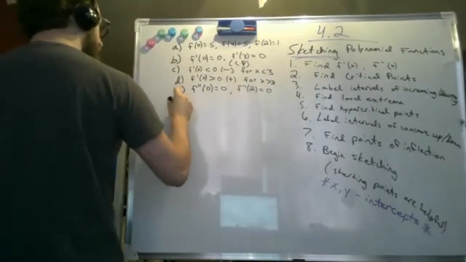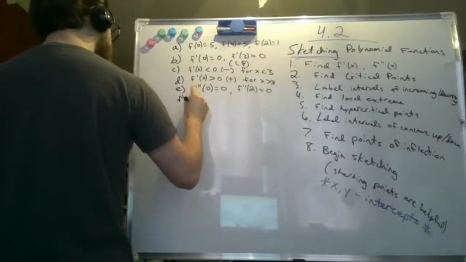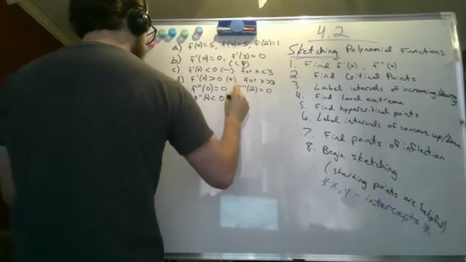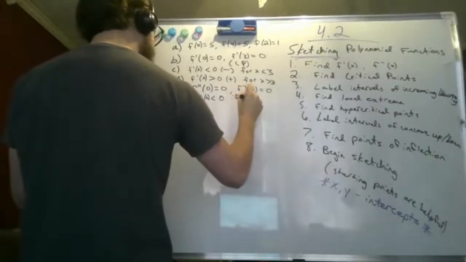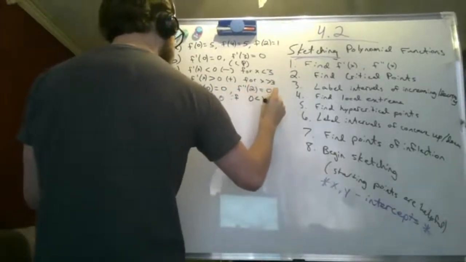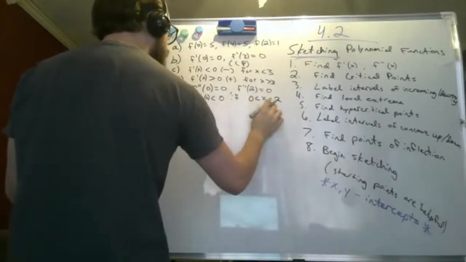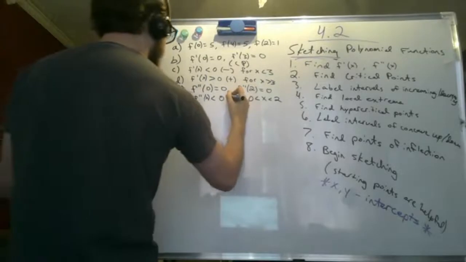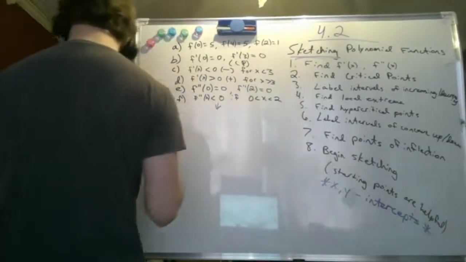And then for f, we're told the second derivative is less than 0 if 0 is less than x is less than 2. So in between 0 and 2, we are concave down. So I'll put a down arrow here.